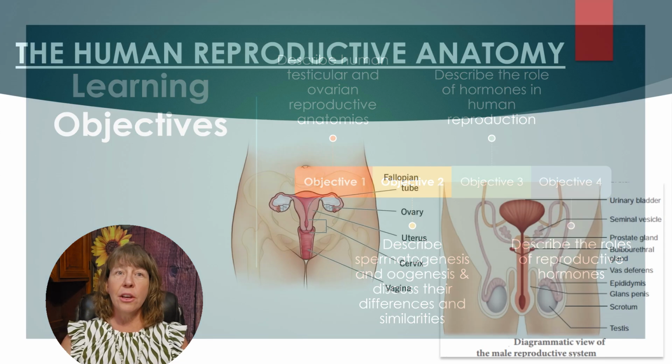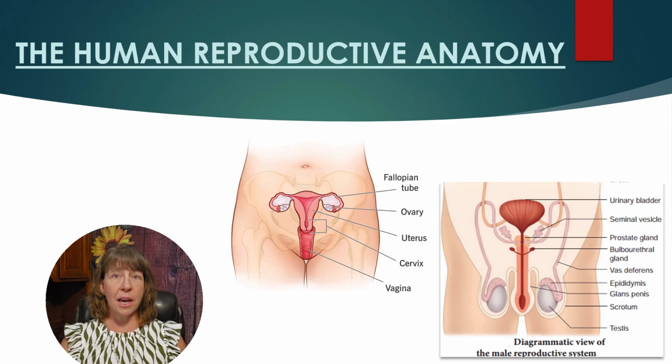hormones. Human reproductive anatomy is complex adaptations with specialized male and female anatomy. There's also specialized hormonal regulation as well as behavioral controls by the brain and the endocrine system.